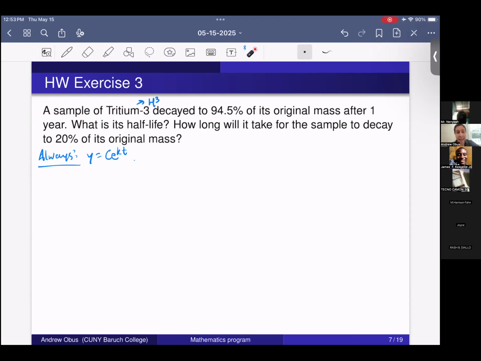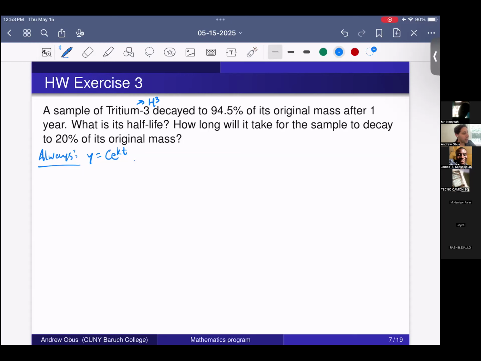So tritium-3 has a half-life. And it doesn't matter whether it's 100 grams of tritium-3 or 5,000 grams of tritium-3. It makes no difference. The half-life is the same. The half-life just depends on the substance. So we may as well assume we can make this sample whatever size we want.